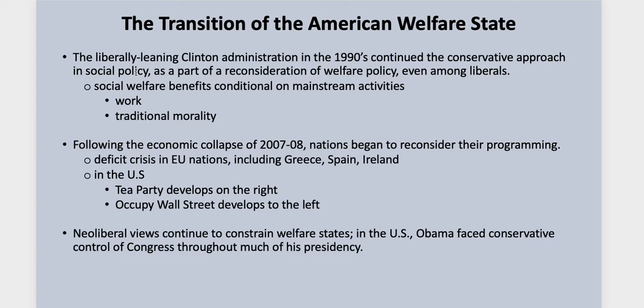But in the United States, during the Obama administration, and again, a president who was disappointing to a lot of his supporters, in that he wasn't more progressive, by his second administration, became more progressive in a lot of his social welfare activities. But still he had a very conservative Congress that, as you may be aware, struggled and fought with him from the very beginning.